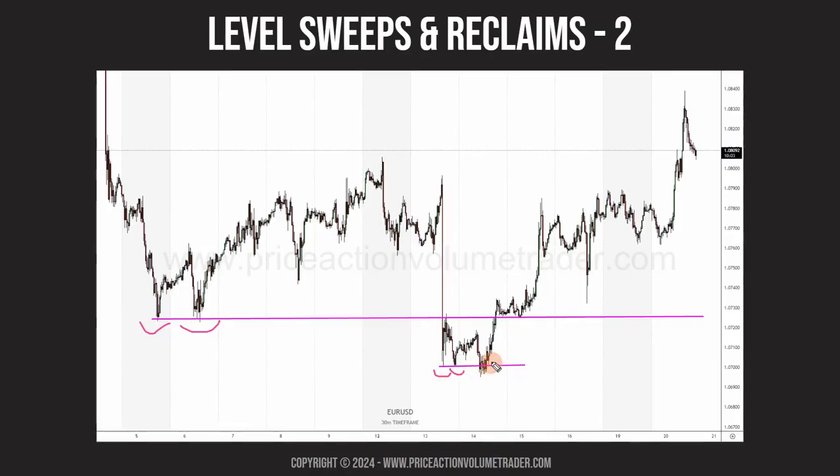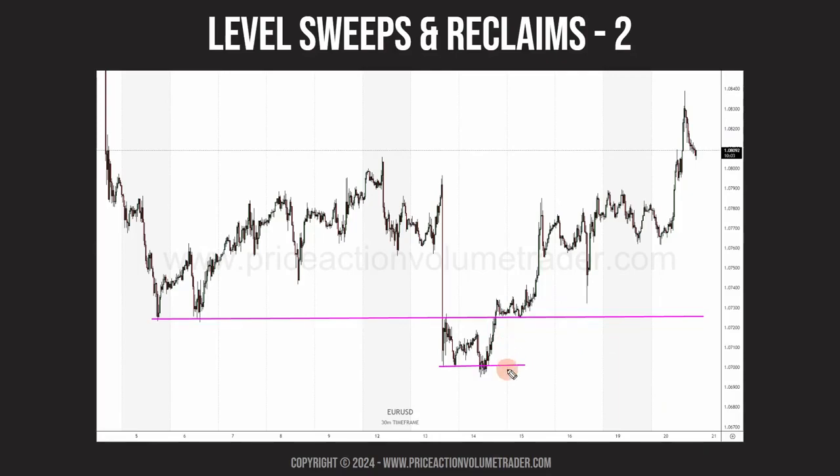And you can see right here we broke back above, and there's a tiny pullback here that held. Then here we claim back above the level, and then we retest and held, and then we start pushing up.